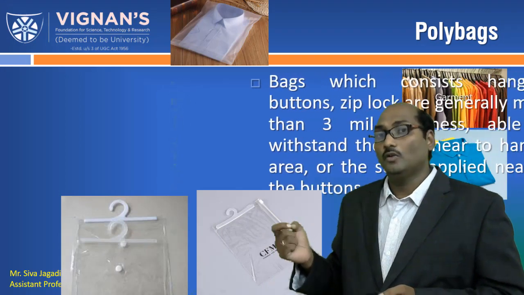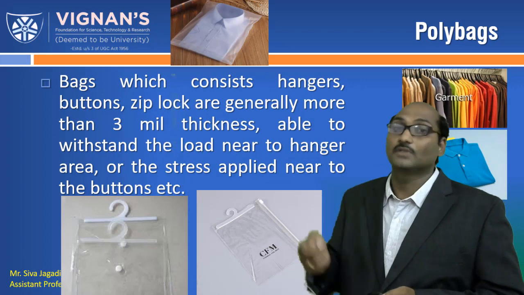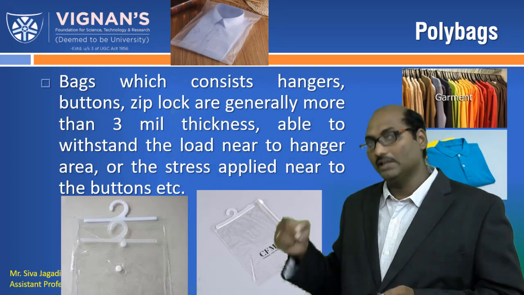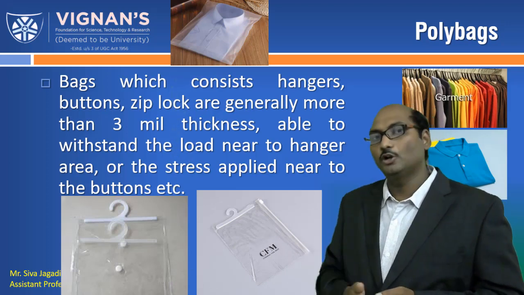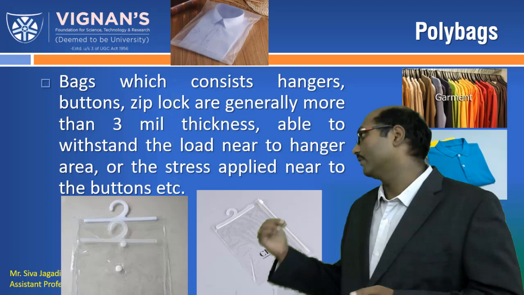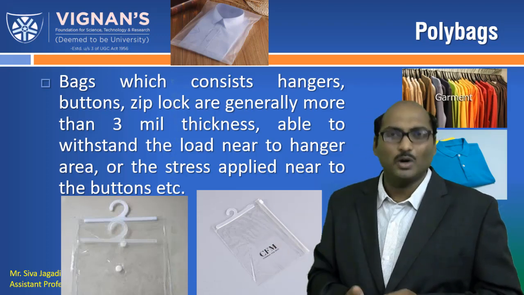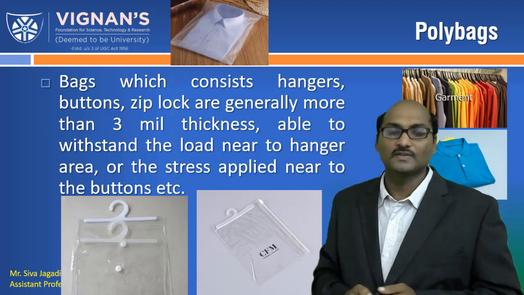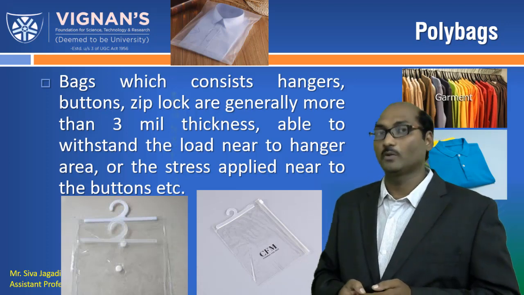Similarly, we have discussed the bags with hangers, right? Either buttons or zip locks should generally be there. In order to hold this, these kinds of bags with hangers need a minimum of 3 mil thickness. So what is this mil? We will discuss that in a few minutes. Right now just understand that 3 mil thickness is the minimum requirement.